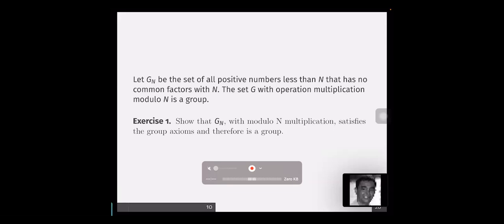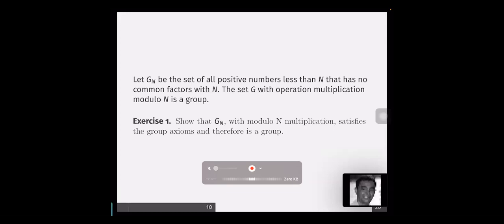Now let G of N be, so we are now talking about a set of numbers.